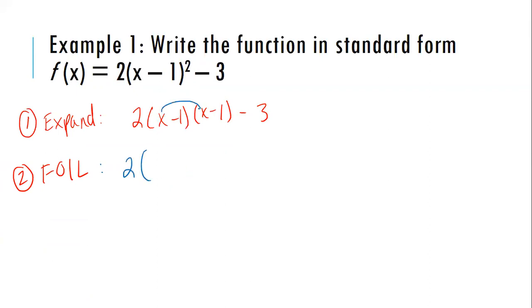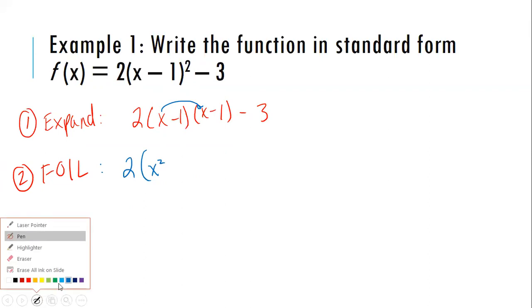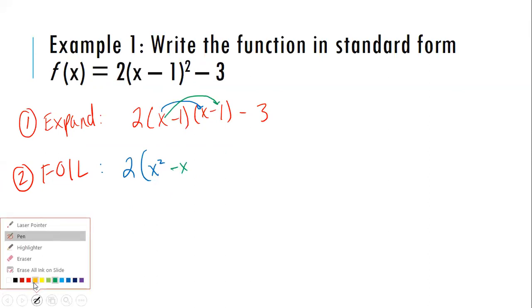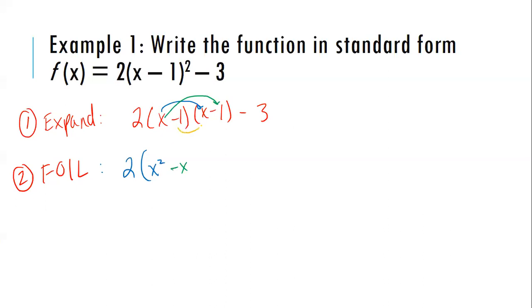FOIL begins. X times x, x squared. X times negative 1, negative x. Negative 1 times x is negative x. And then negative 1 times negative 1 is positive 1.